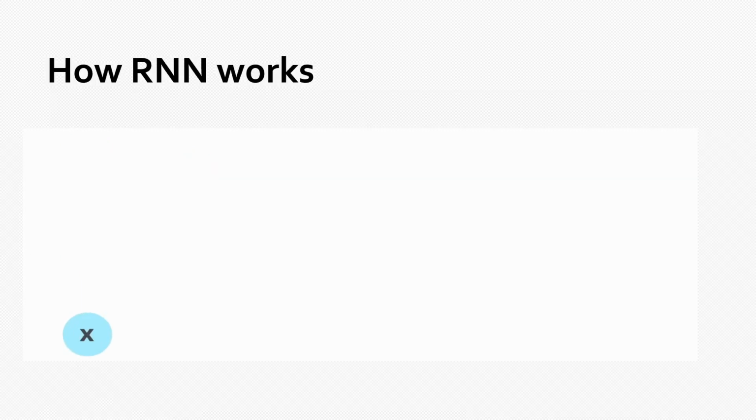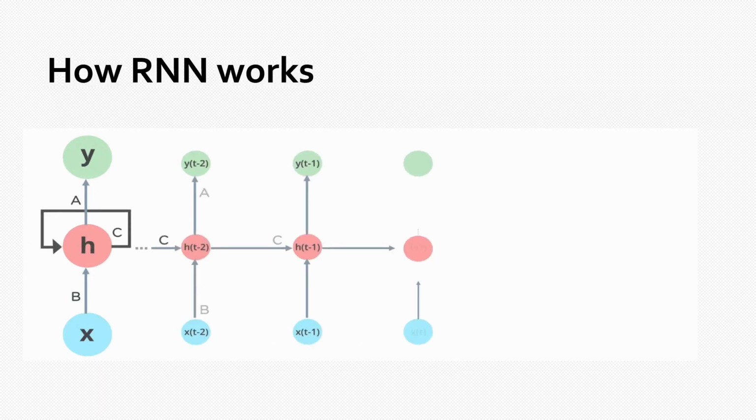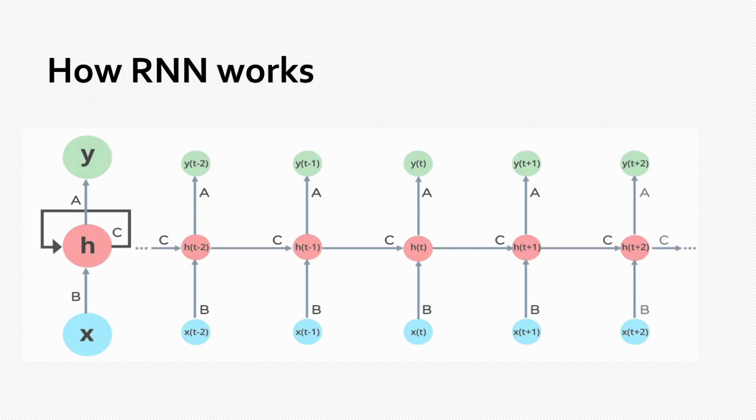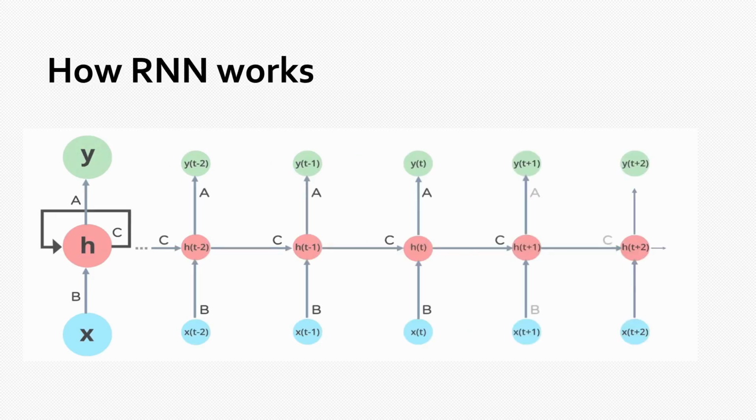So here is a visual animation of how RNN actually works. Here H denotes the hidden state, and at each time step there is one output denoted by y.